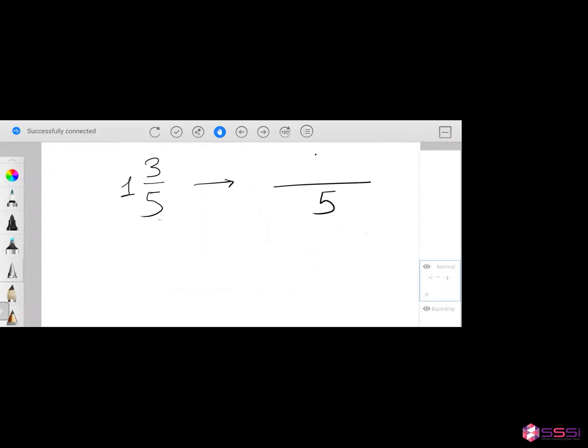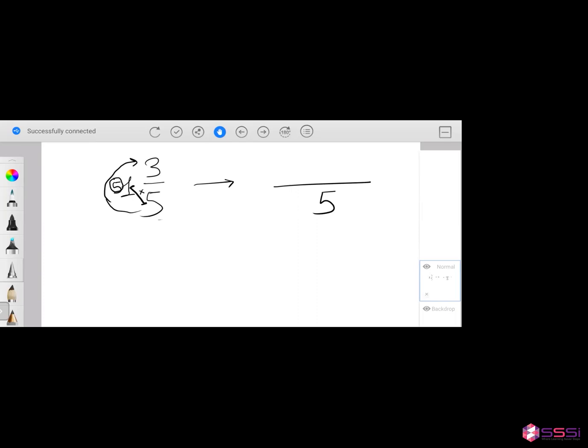What will be the numerator? We need to move in this direction, clockwise. We go from this spot to this spot, multiplying it. 5 into 1, 5. So now we have 5.